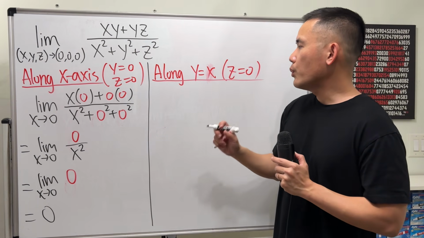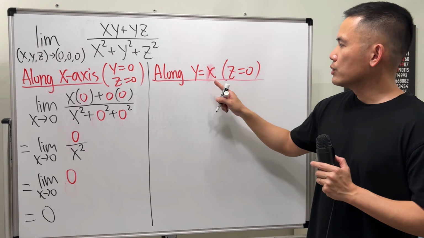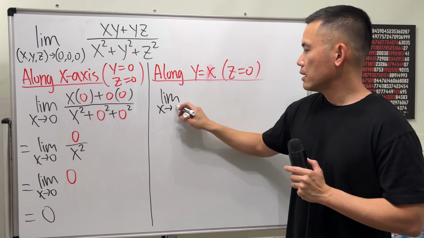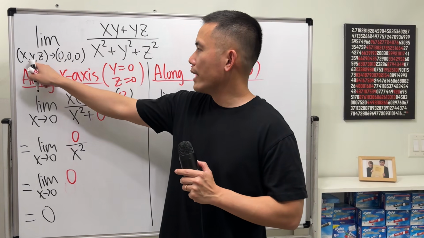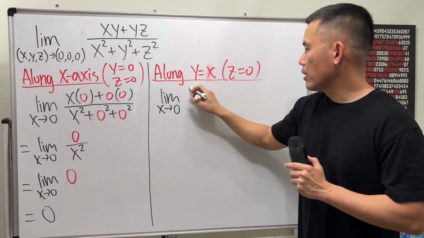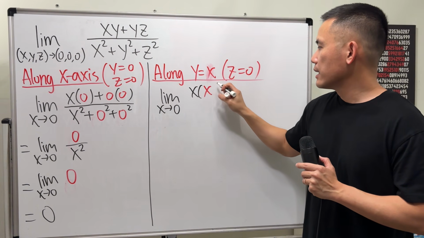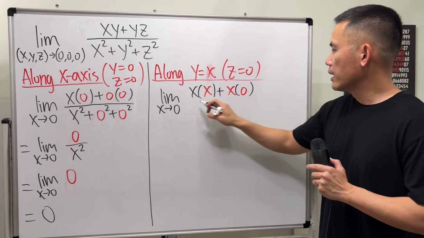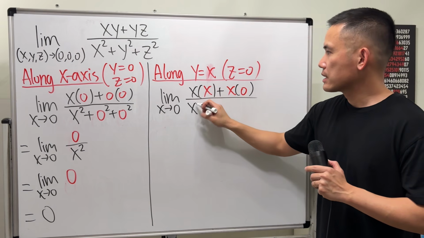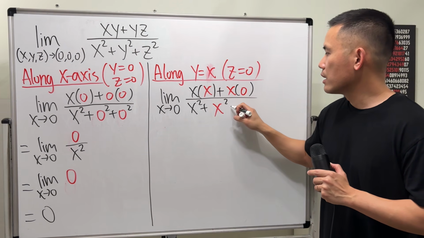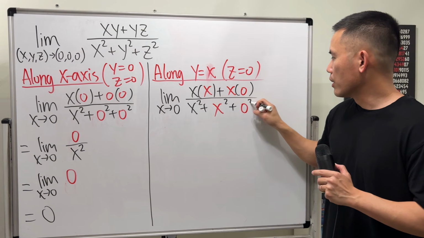In this case, I am going to keep the x because I'm setting y to be x. So we have this x still, but y is now x, and then plus y is now x, and z is 0, and then over x squared plus y, which is now x, squared plus z, which is 0.